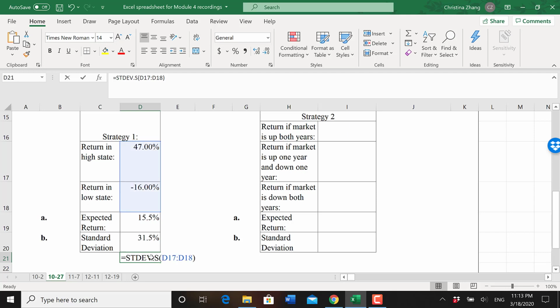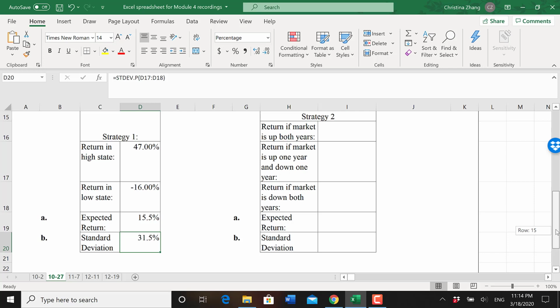So you're going to use the STDEV.P instead of the STDEV.S. When the case gives you only partial information, let's say you're provided with monthly data for the last 5 years, but you're only trying to figure out the standard deviation for the last 3 years, then you don't really have a complete return distribution. In that case, you're going to use the sample standard deviation.